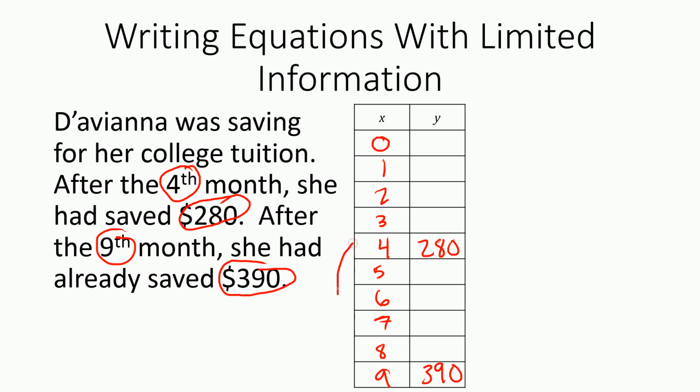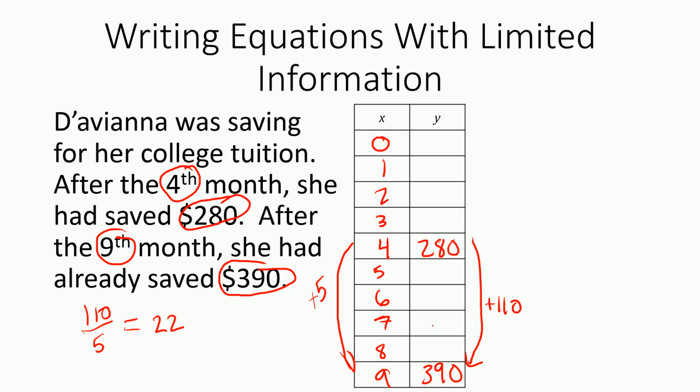We know that in 5 months, she saved a total of $110. Which means if she saves the same amount each month, the amount she saves each month is 110 divided by 5, which ends up being 22. So she's saving $22 each month.